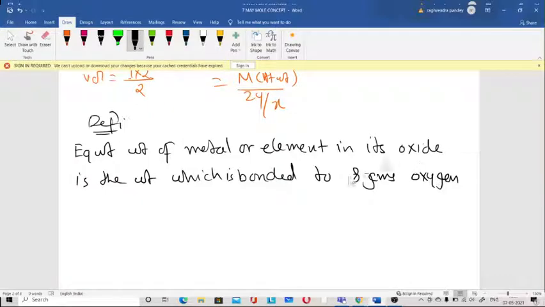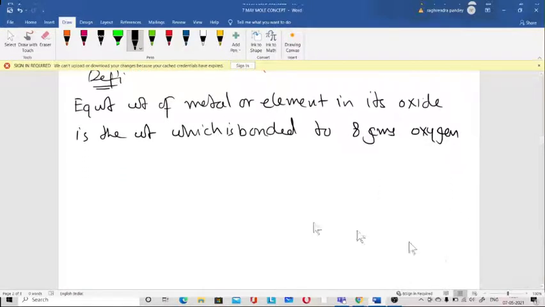So 8 gram oxygen, wherever it is connected, it shows its equivalent weight. For example, let's take this calcium oxide. Now weight of calcium is 40.